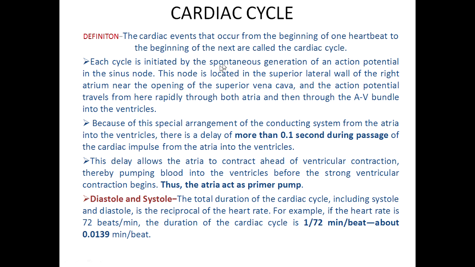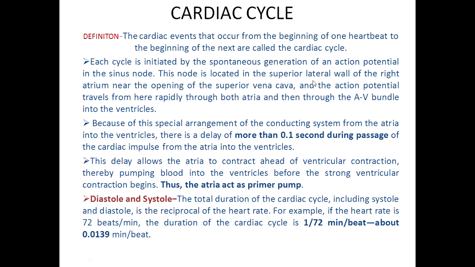So how does this cardiac cycle occur? It is initiated by the spontaneous generation of an action potential in the sinus node. We know we have two nodes in the heart, the SA node and the AV node, the atrioventricular node. The sinoatrial node is also called the sinus node. Where is it located?